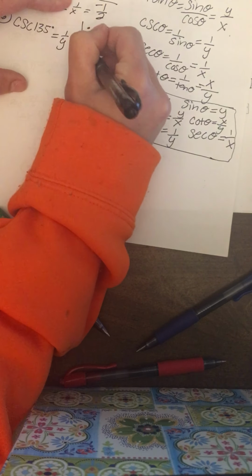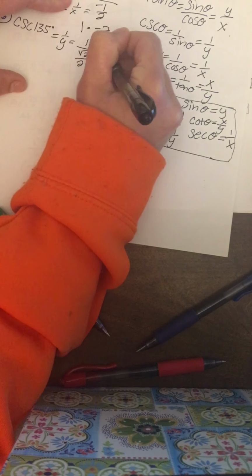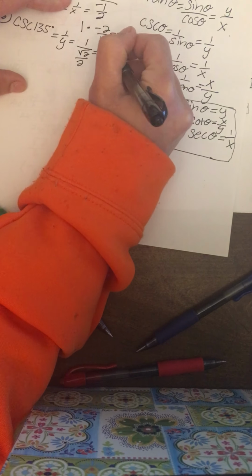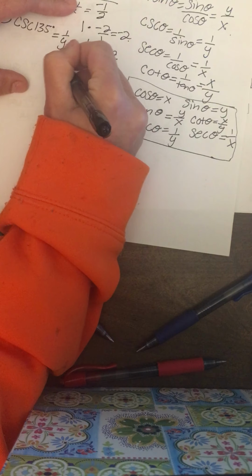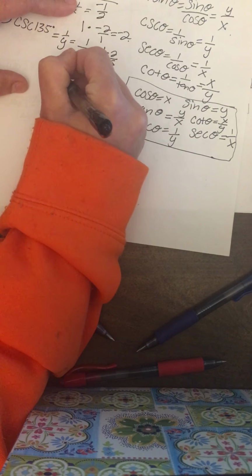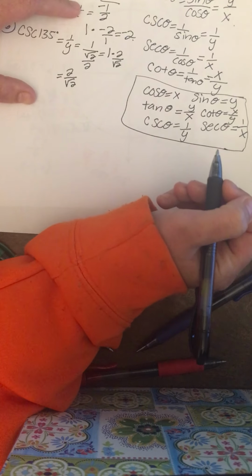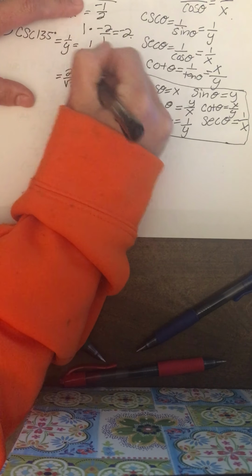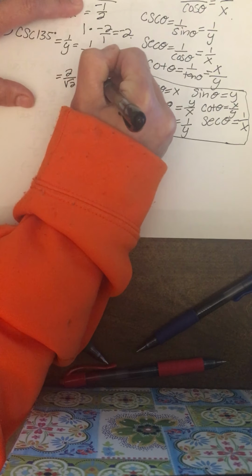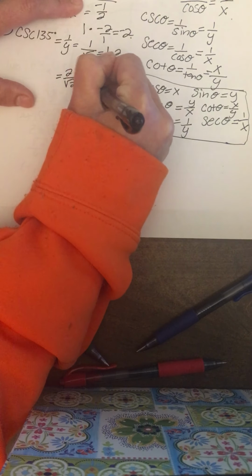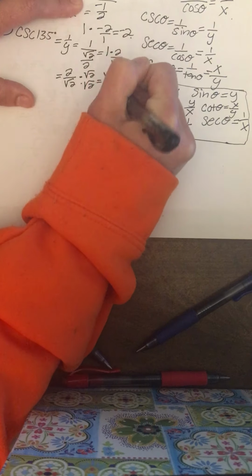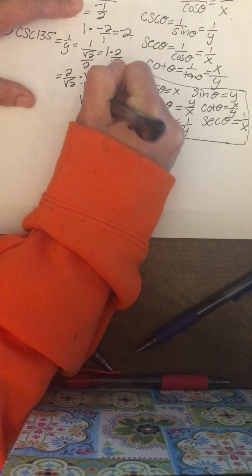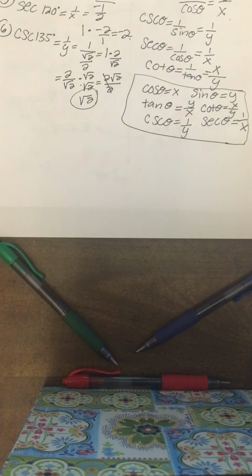So it's 1 over the square root of 2 over 2, which is just equal to 1 times 2 over the square root of 2, which is equal to 2 over the square root of 2. But we can't have a radical in the denominator, so we have to multiply the numerator and denominator by the square root of 2. And that gives us 2 square roots of 2 over 2, which is just the square root of 2. So that would be our answer.